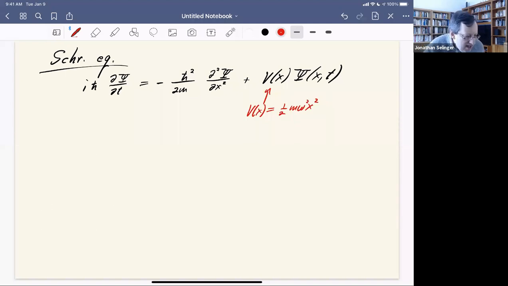The beginning of the solution is exactly like what we did before, where we separate variables.